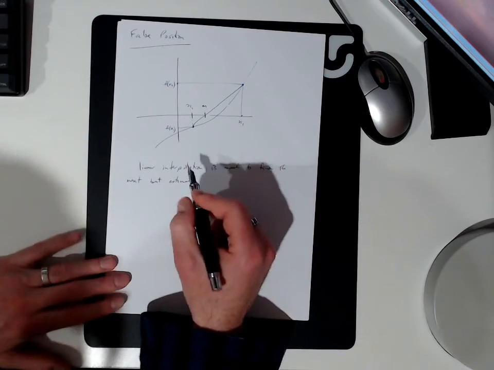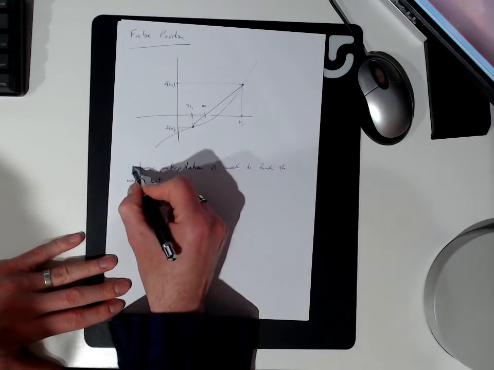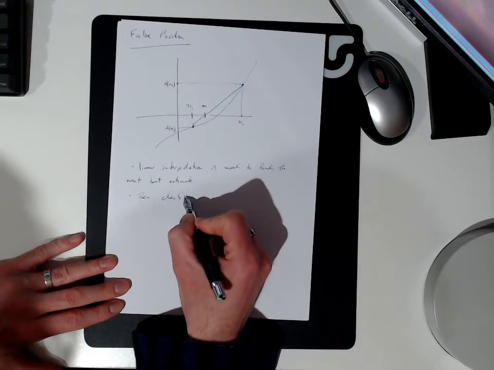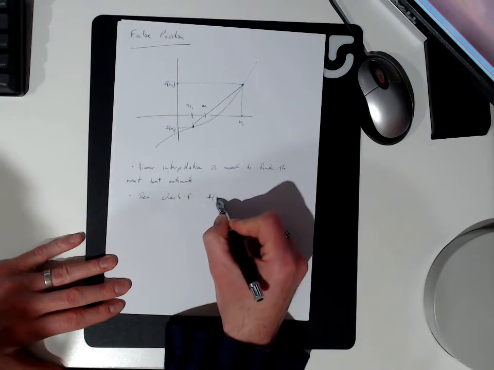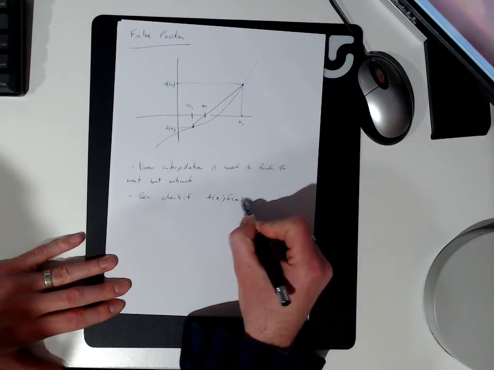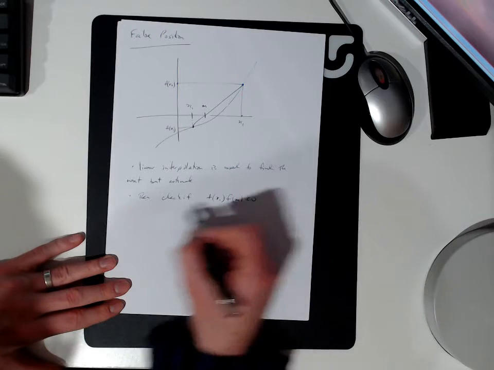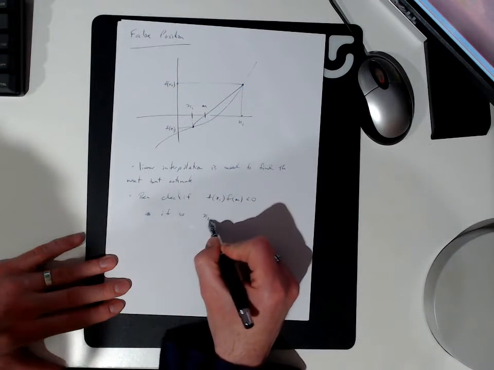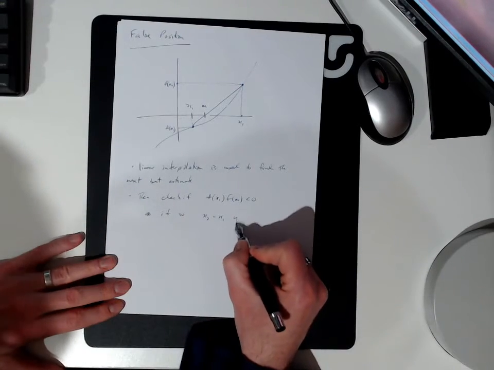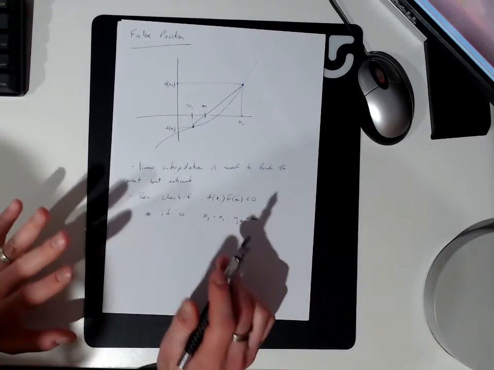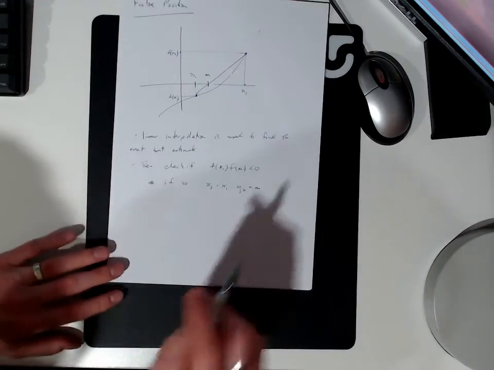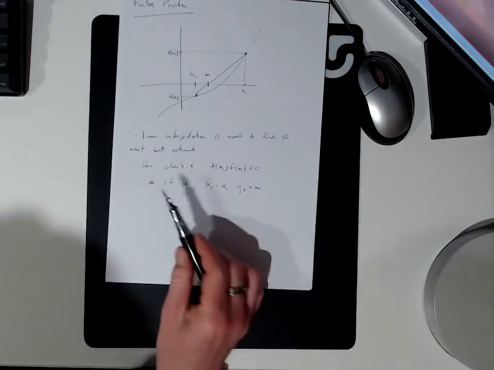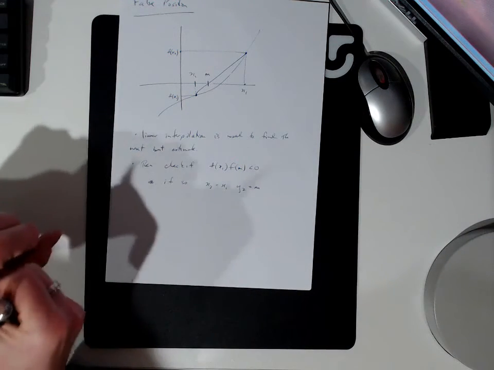Then the same thing happens as with bisect. You check if y1 times ym is less than 0. If so, then you let x2 equal xm, and you let y2 equal ym, just like with bisect, and you run the algorithm again. Ugh. Throwing ink all over the place. I refilled it.